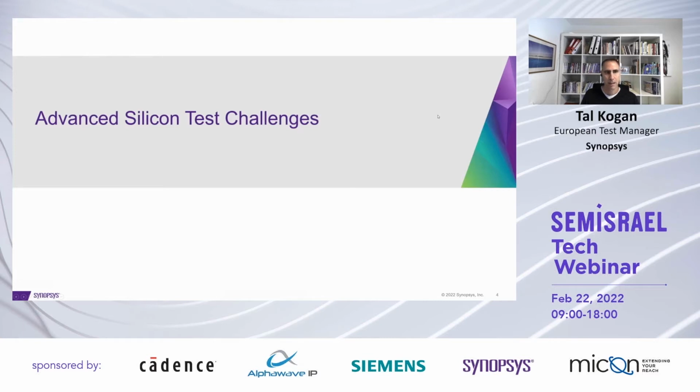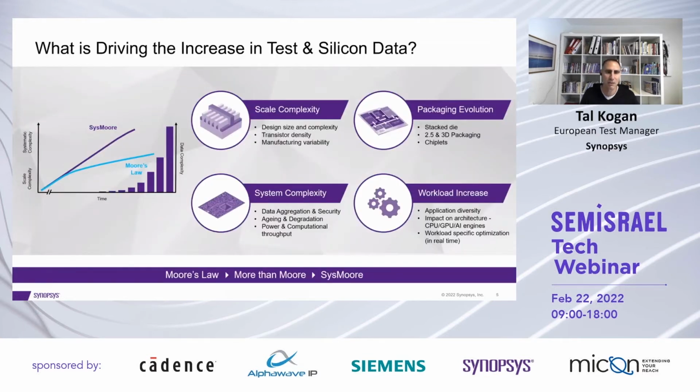So then test challenges, what are they in this new era of advanced silicon? So obviously scale complexity. So design sizes keep growing, the transistor density keeps rising, there is the manufacturing variability, and there are other challenges as well. There is the packaging evolution, there's the system complexity, and workload increase.